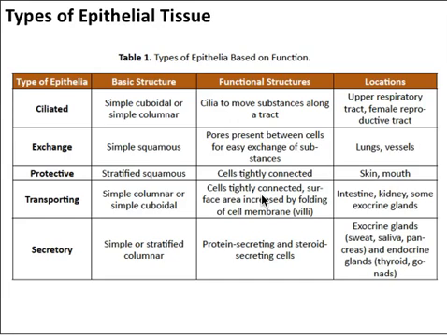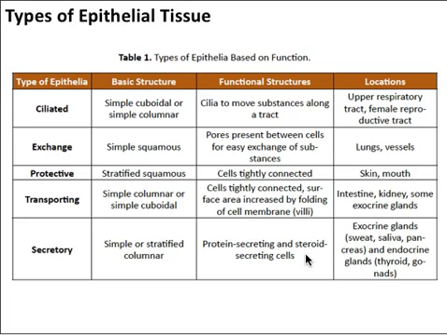And then finally, secretory epithelial tissue can be either simple or stratified columnar. These structures in secretory tissues are designed to generate some sort of molecule inside the cell and then actively transport it to the surrounding extracellular environment. Okay, so we're going to see protein secreting and steroid secreting cells.